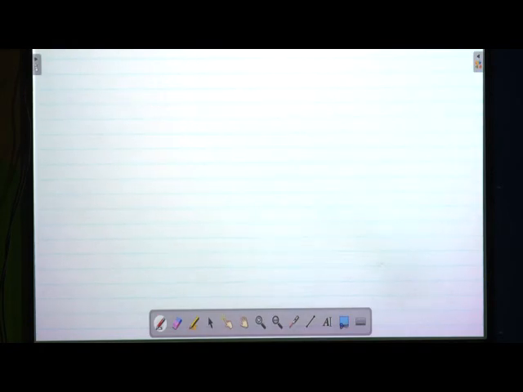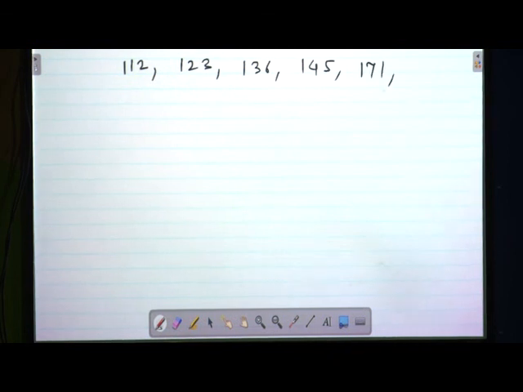First you write the numbers randomly: 112, 123, 136, 145, 171, 282, 391. In this way, suppose you write 15 numbers, you can write more, not a problem.